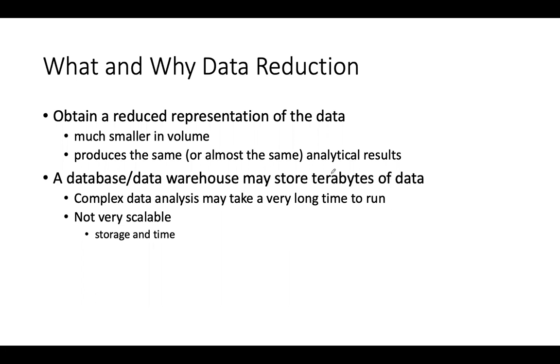You want to include features like how much time you spend on study, whether you finished your assignment or not, and things like that. Another reason for performing data reduction is that it reduces the time and storage space required.